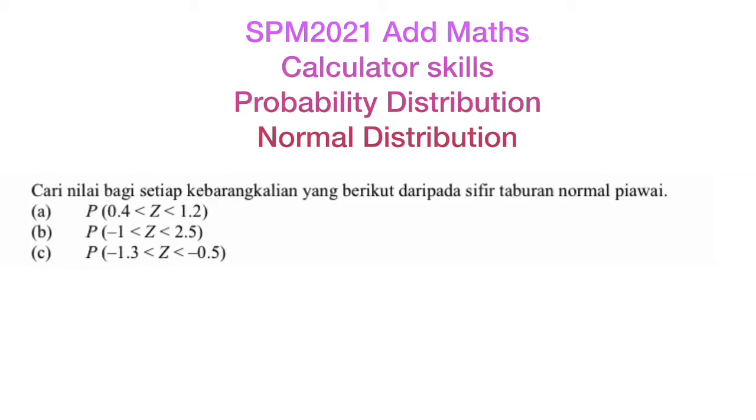So for cases like this, the z is between a lower and an upper value, so we will consider the smaller value as the lower and the bigger value as the upper, and we just key into the calculator. For example, in A, both are positive, so when you press your calculator, the lower is 0.4 and the upper is 1.2, and then you just press the calculator to get the probability value.